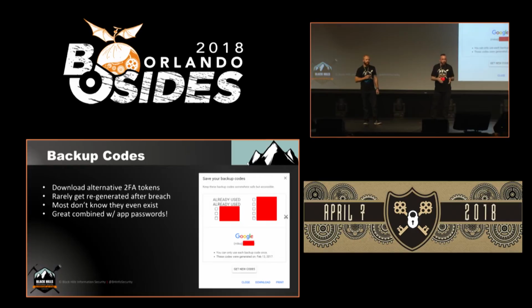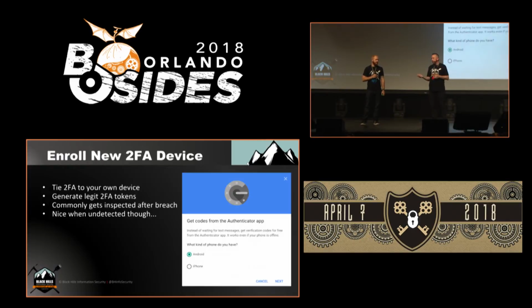But if that's not good, what you could end up doing is you can just enroll your device as a two-factor, right? So you got your own phone, you got your burner phone, you're already in the account, you might as well just enroll that device into there, because if they triage the account and they overlook devices that were added, you're going to still be good. This is usually the first one they go to. So I don't use this one a lot. I mean, I think I've used it, but just in case.